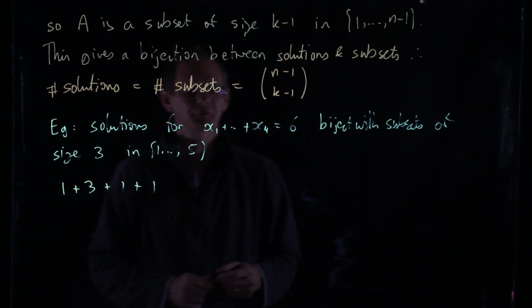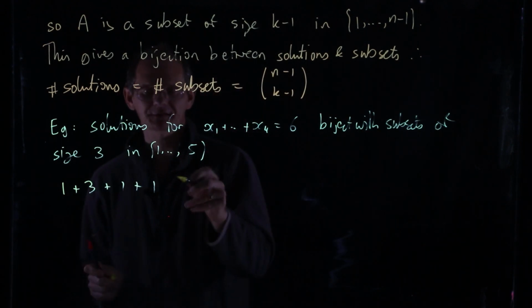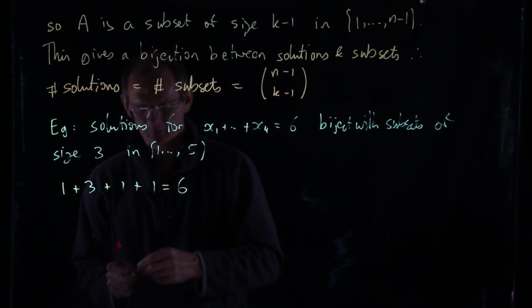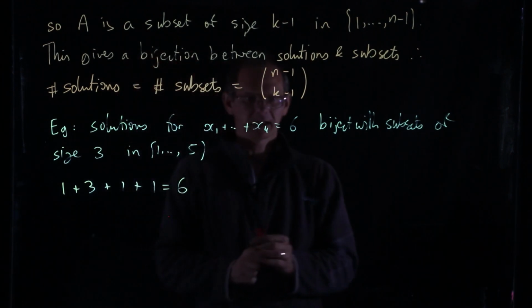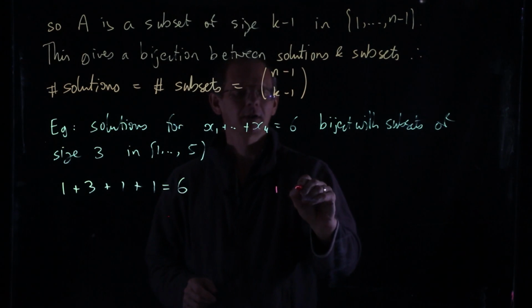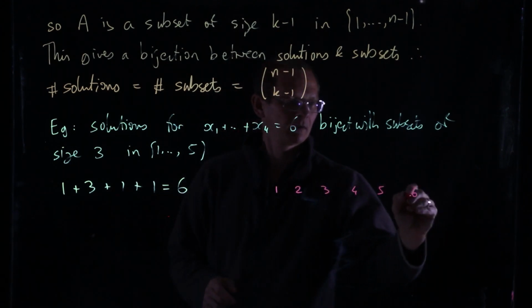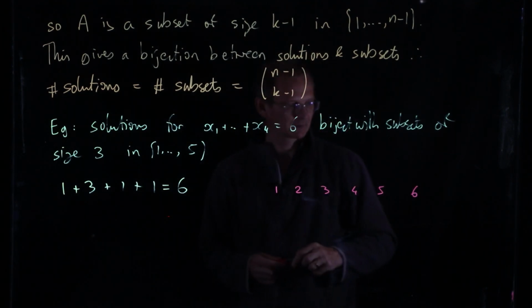This is one solution to our equation, and we're supposed to think how that corresponds to a subset. So what we do is we draw one, two, three, four, five, six.